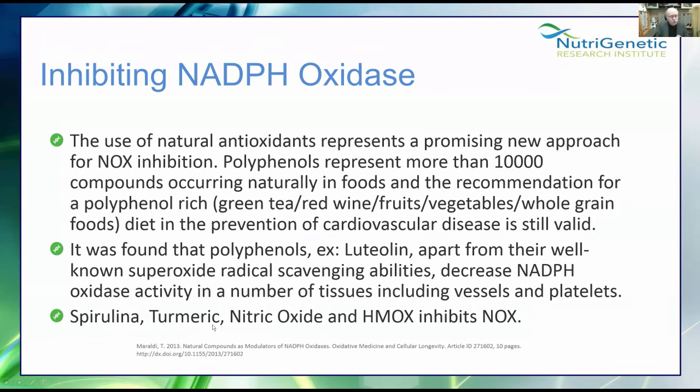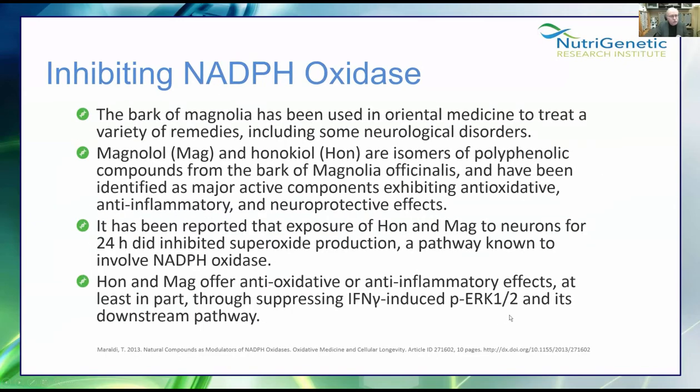Spirulina, turmeric. Obviously, we can't take nitric oxide, but we can help support the production of it. And the HMOX enzyme inhibits NOX. So I'm a big fan of magnolia bark, honokiol. They have been identified as major components exhibiting antioxidative, anti-inflammatory, and neuroprotective effects.